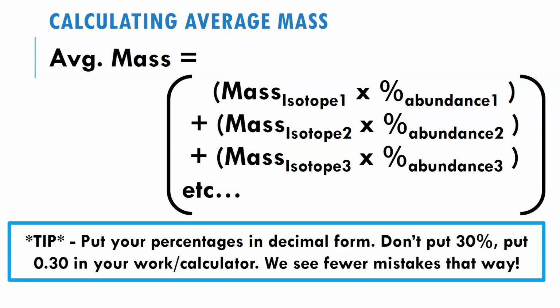They forget the extra step of converting back from the percent. So my suggestion is put in the 0.3 instead of the 30%. If it's 2%, put in 0.02, right? If you don't like doing that, you don't have to. It's just a tip based on the types of mistakes I see people making.